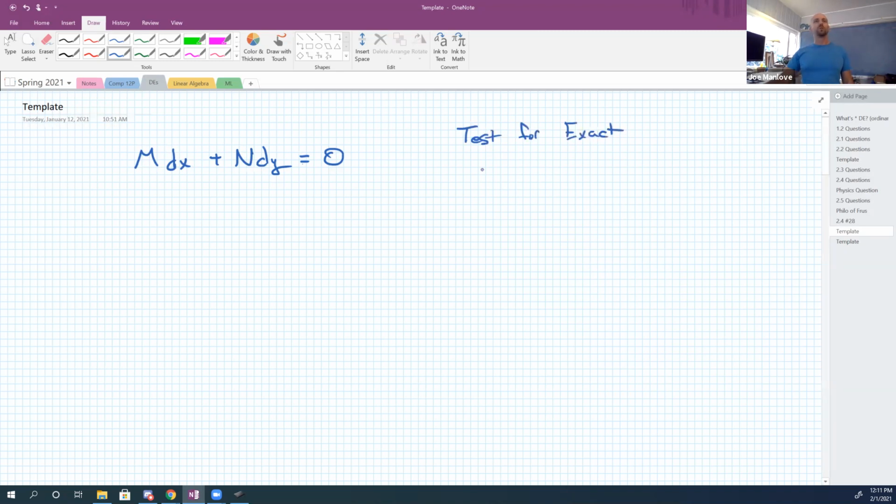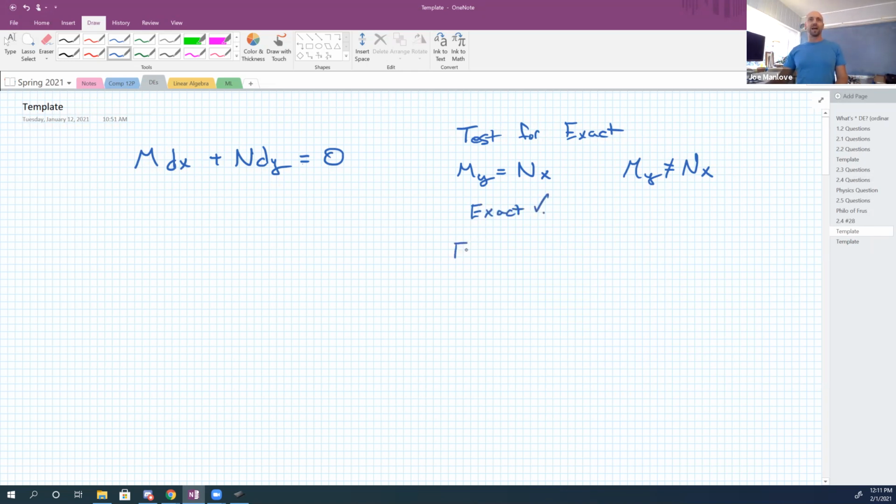Okay, so we test for exactness. I'm going to take my M_y and N_x, and either M_y is equal to N_x or M_y isn't. You guys with me on that? In the first case, yeah, it's equal, it's exact, check.